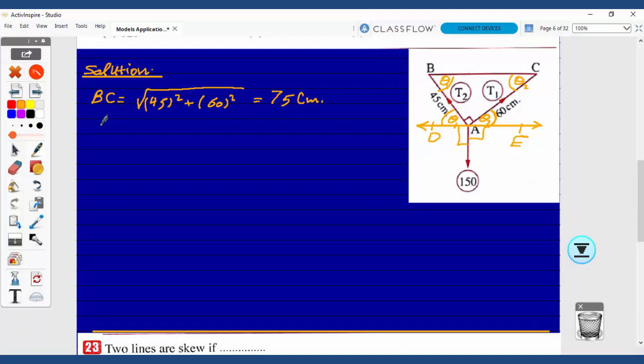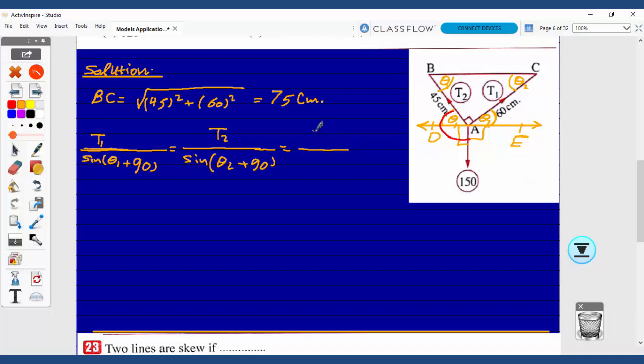So T1 over sine 90 plus theta 1 equals T2 over sine theta 2 plus 90, where the included angle is between T1 and the weight, equals the third force.